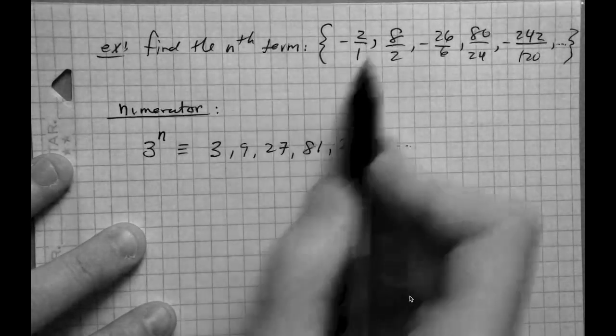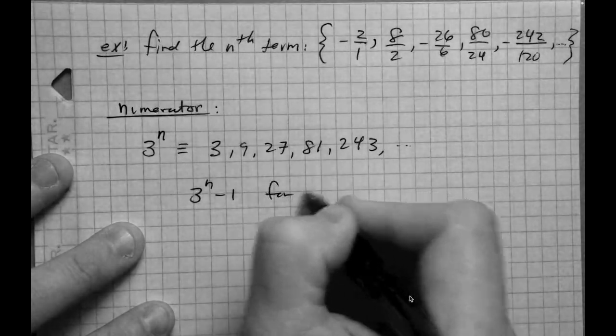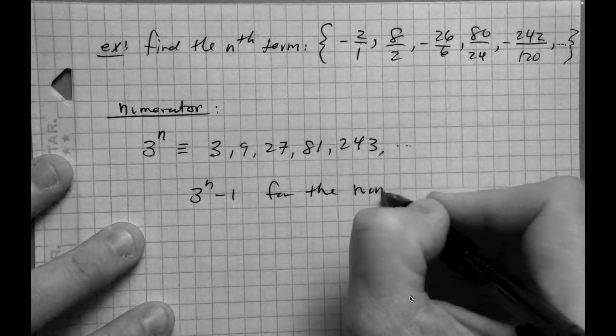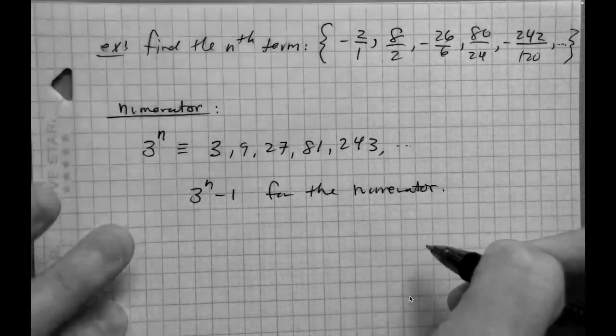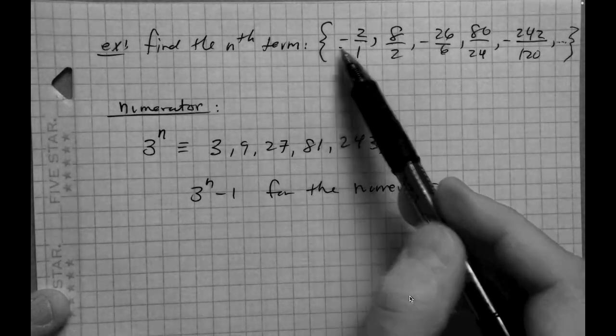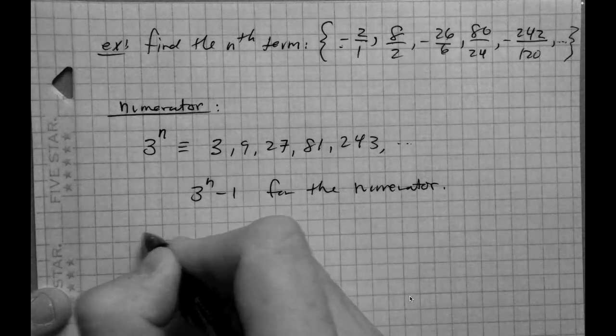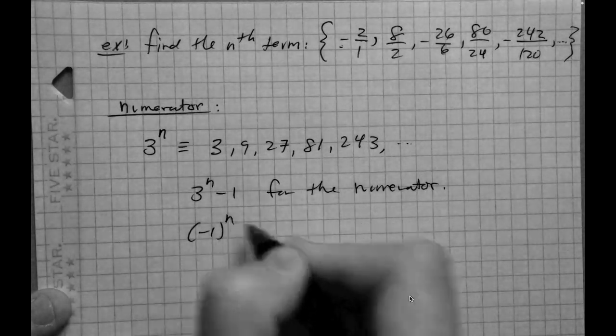So the numerator looks like it's 3 to the n minus 1. Now you can also see that there's some oscillation: negative, positive, negative, positive, negative. So somewhere in here there's going to have to be a negative 1 to the n as well.